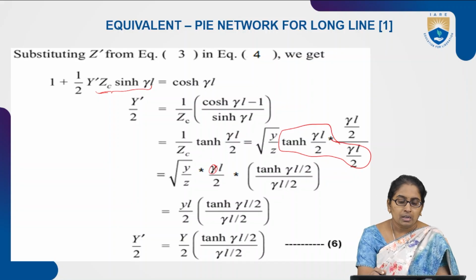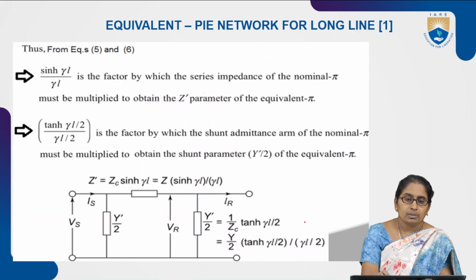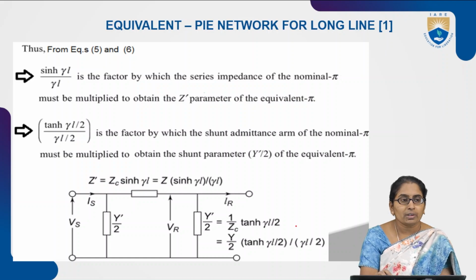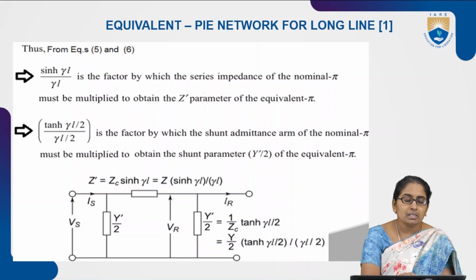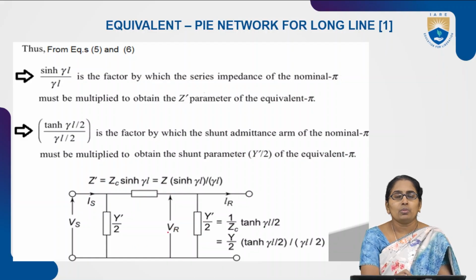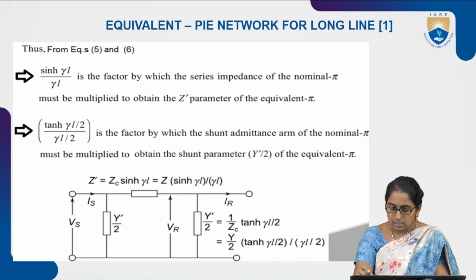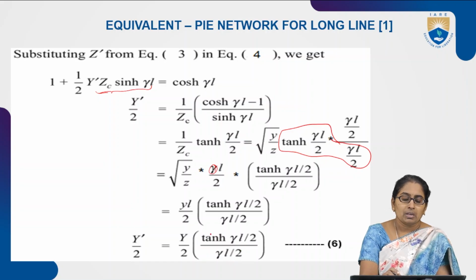Now, finally we are giving the equivalent pi network for the long transmission line. We know that the total impedance is z dash, and the admittance at both sides is y dash by 2. What is y dash by 2? Capital Y by 2 into tanh gamma L by 2 by gamma L by 2. What is z dash?